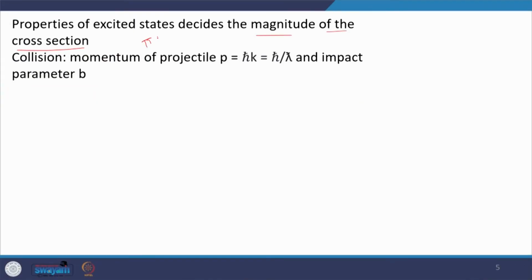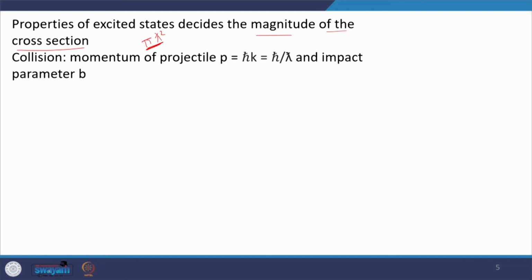See, what is the maximum cross section a nuclear reaction can attain? It is pi lambda bar square, okay. Pi lambda bar square is the maximum cross section a nuclear reaction can attain.